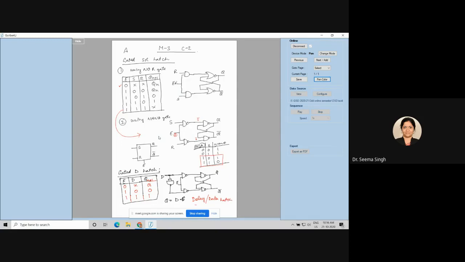Delay means after one clock cycle, output becomes equal to input. So Q becomes equal to D after one clock cycle, or we can say with a delay D passes on to Q.